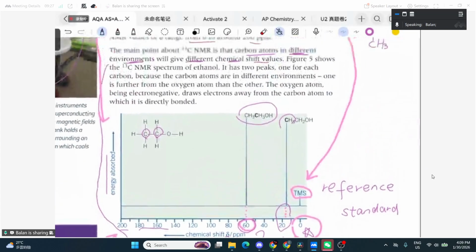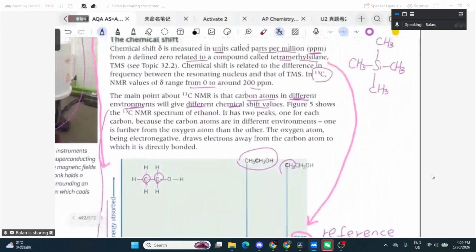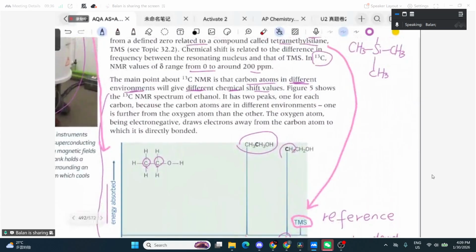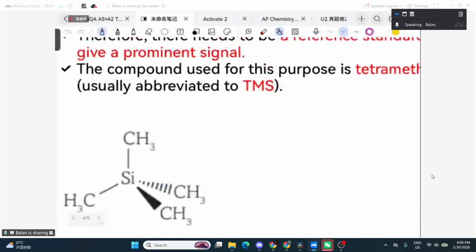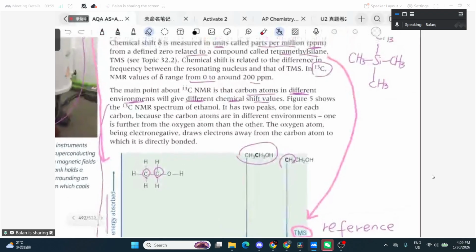Which substance do we use as the reference standard? This is TMS. Its structure is this. It's very unreactive and stable, so it will not disrupt the signals. TMS is tetramethylsilane.